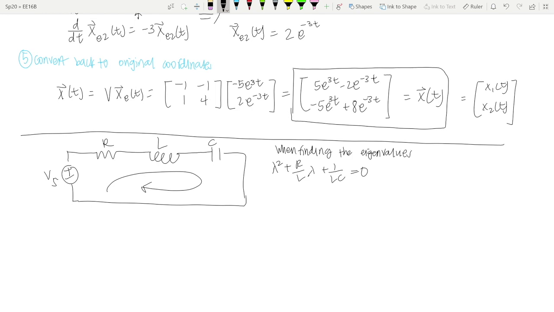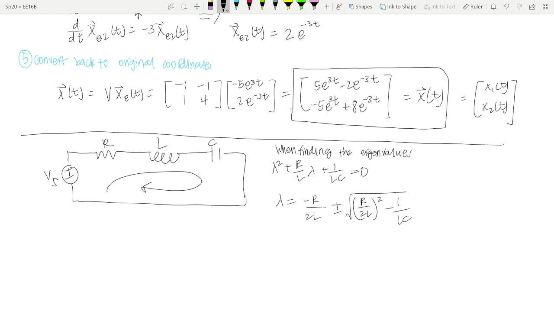And then in order to solve this for the exact eigenvalues, you will need to use the quadratic formula, which will result in negative r over 2l plus or minus the square root of (r over 2l) squared minus 1 over LC.